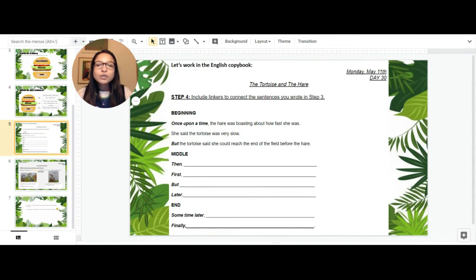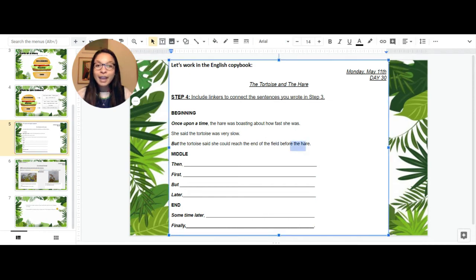She said the tortoise was very slow. But here we've got our second linker. The tortoise said she could reach the end of the field before the hare. Okay? So all you need to do is get your sentences from step number 3 and you will add the linker at the beginning or in the middle, or for example here in the end.